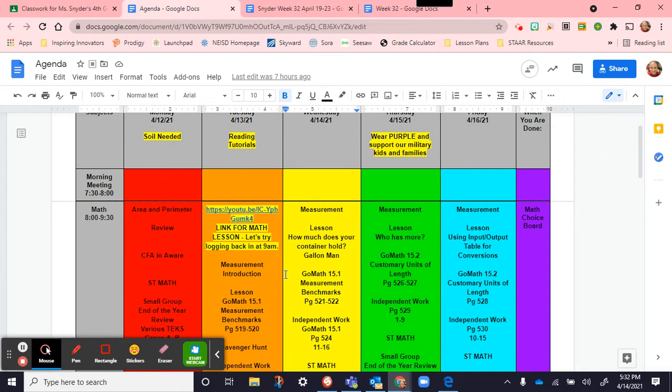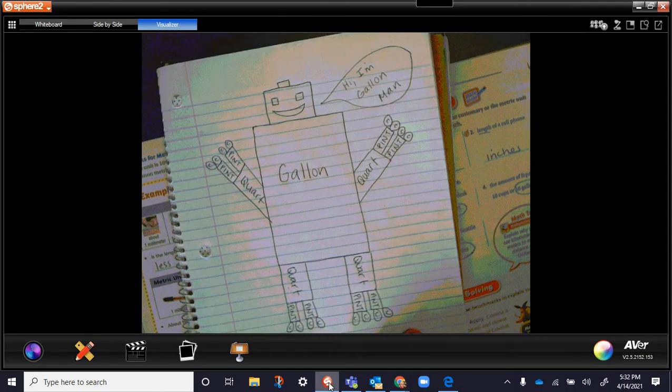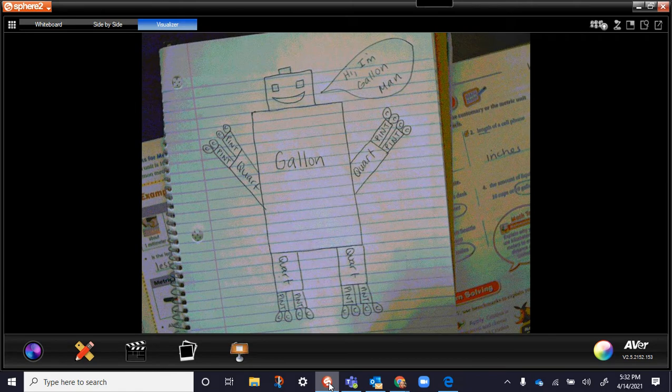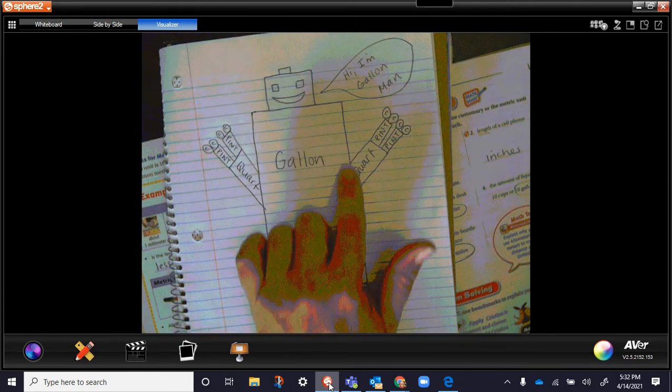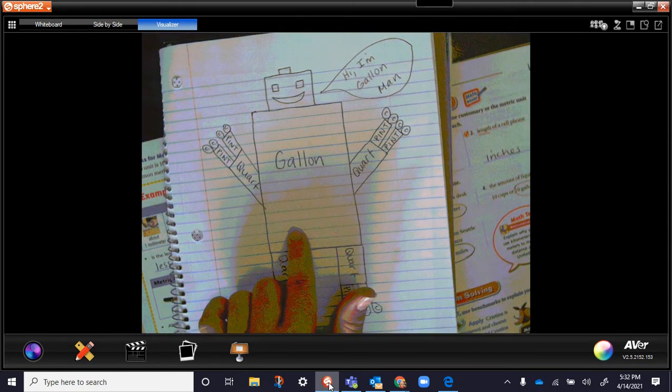After that, we went to the next page and made this little Gallon Man, who helps us with those. It really helps to see the sizes.